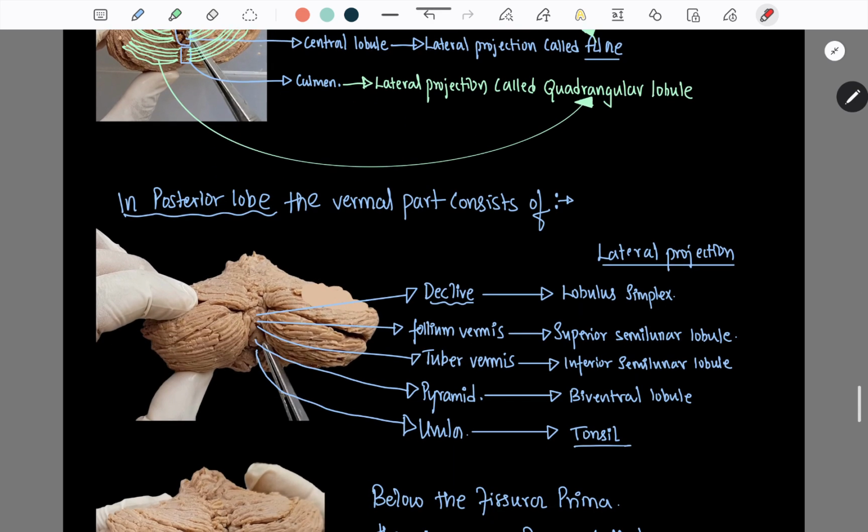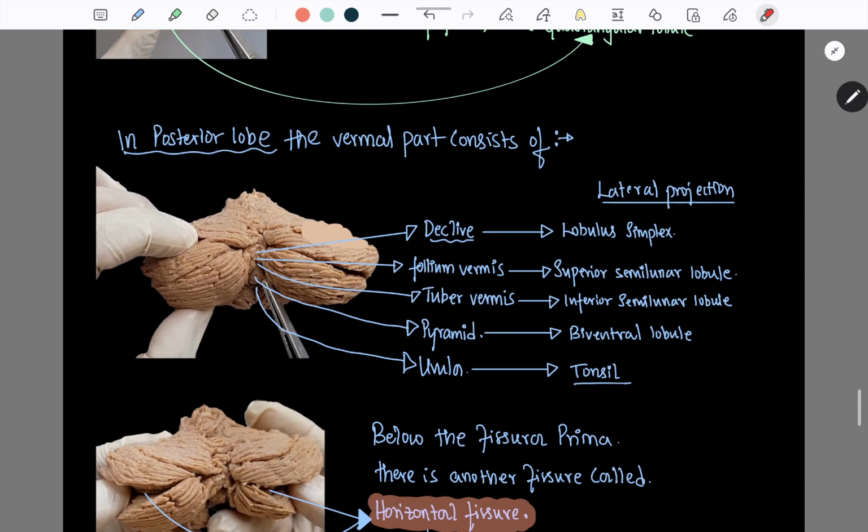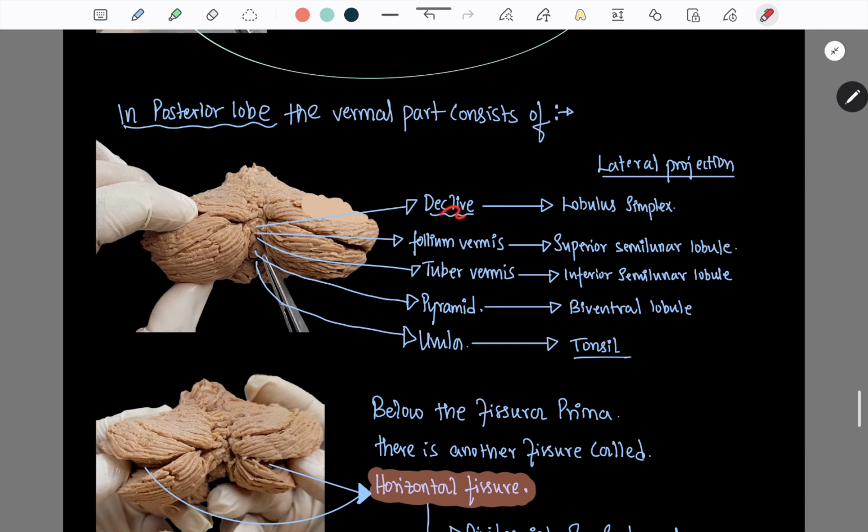In the posterior lobe, the vermal part consists of the declive, folium vermis, tuber vermis, pyramid, and uvula. Its lateral projections are as follows.